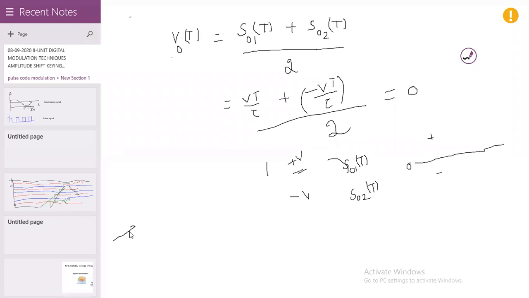If the signal is added with white Gaussian noise, the received signal is the signal with white Gaussian noise.